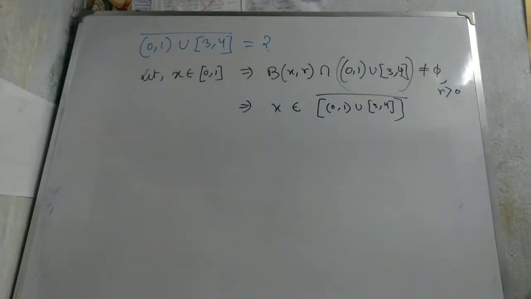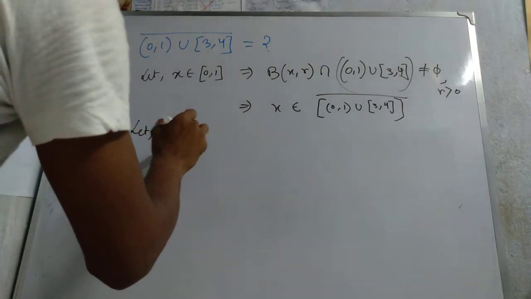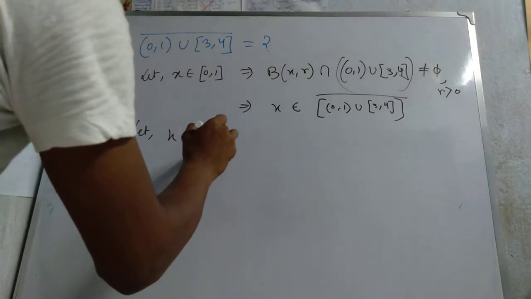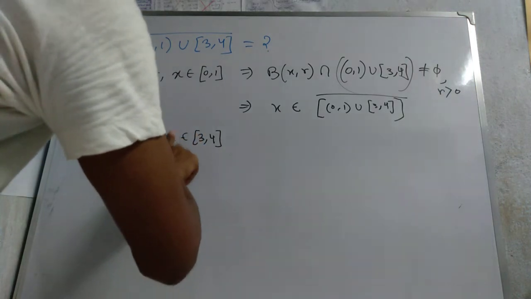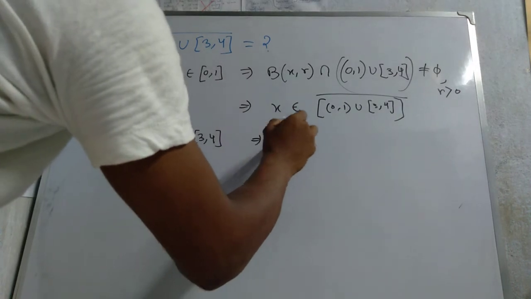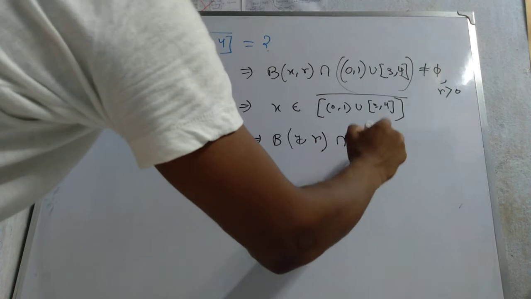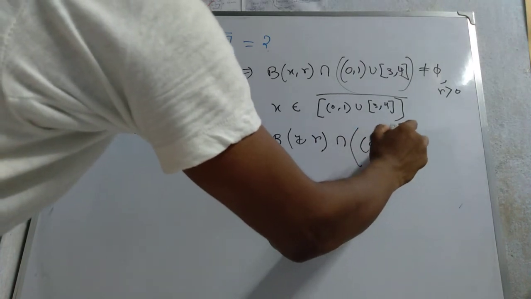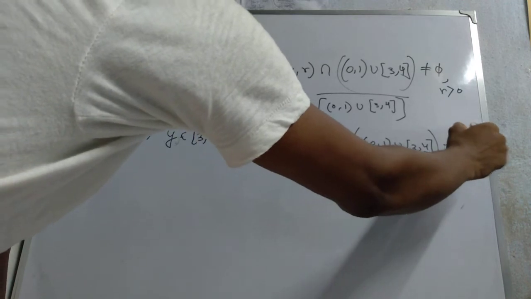Now obviously, let x belong to any point of [3,4], or y belong to any point of [3,4]. This implies the neighborhood of y with radius r intersected with (0,1) union [3,4] is not equal to the empty set for every r.